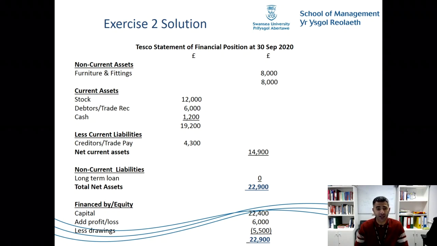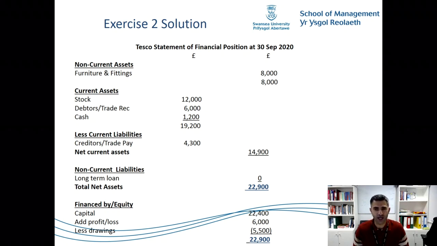Now, before we go to current liabilities, I told you to add another item and call it total assets. Total assets just makes it easier for you. So total assets equal the non-current assets, which is the 8,000, plus the £19,200, which is £27,200. Total assets.